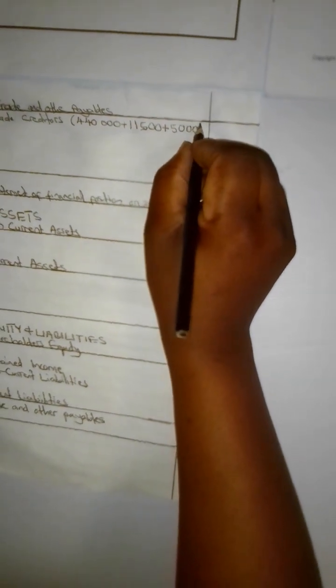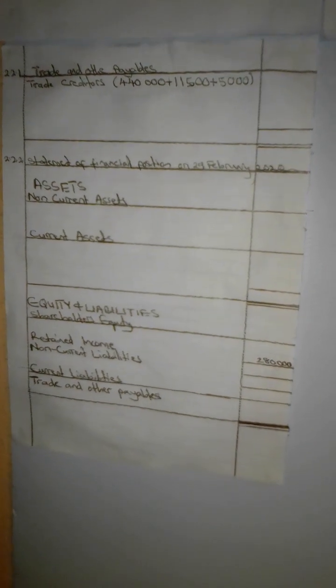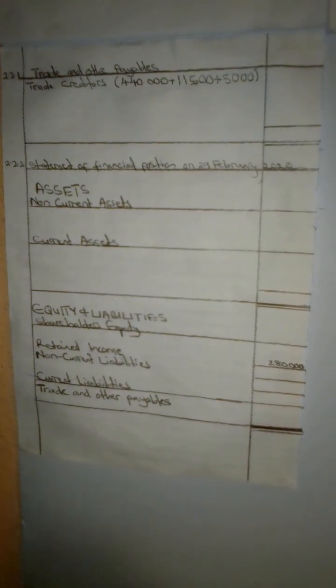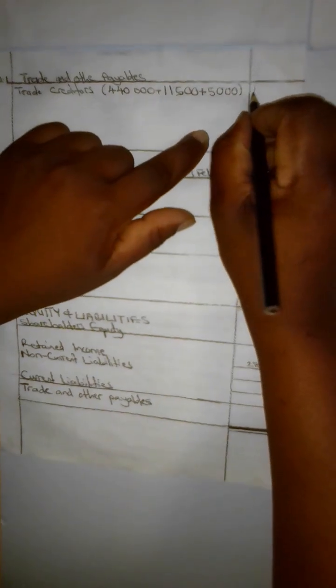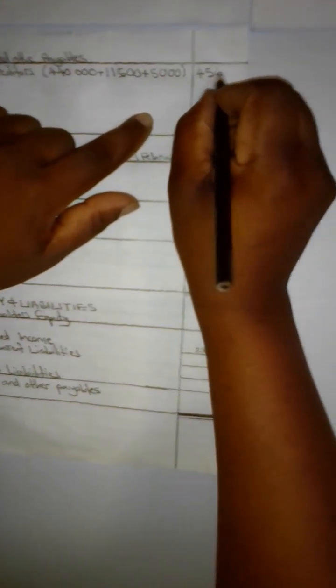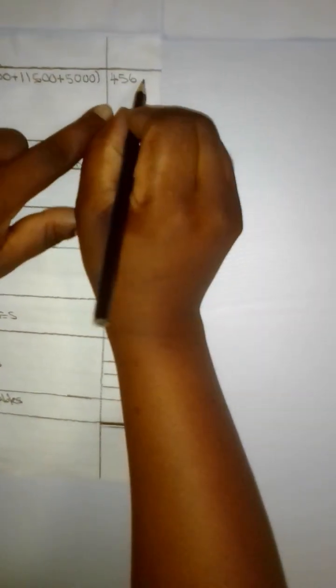So these are the items that affect our trade creditors. We add 440 plus 11,500 plus 5,000. According to our calculation, we get 456,500. Okay, those are our trade creditors.